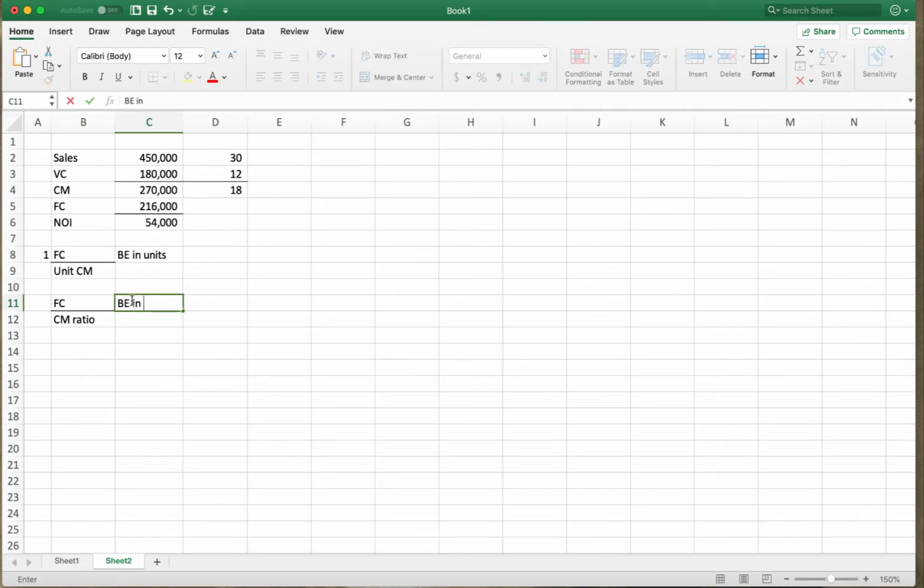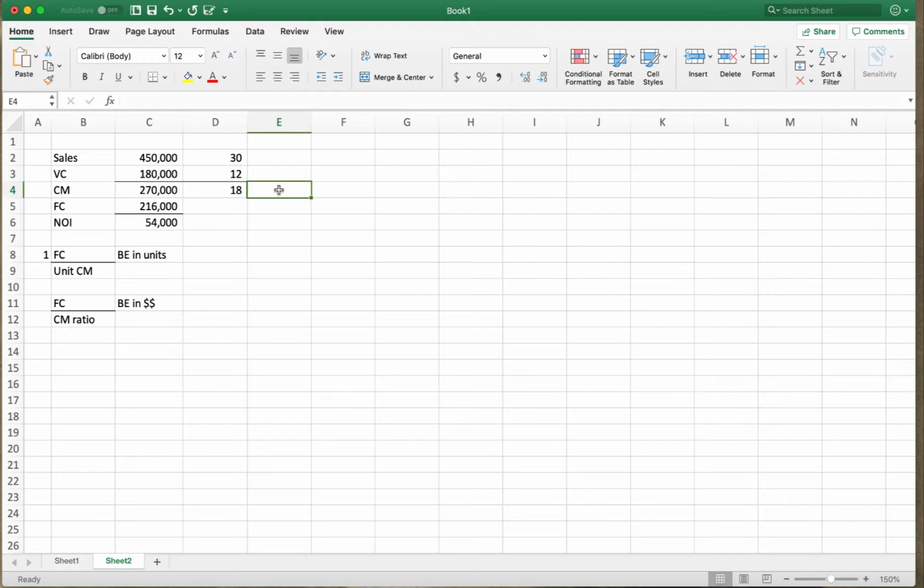So before we jump into this, do we have enough information for break even in dollars? Well, sort of, right? We've got our unit contribution margin and our fixed costs. The only thing we don't have is our contribution margin ratio, which is very simple. We could do this on either a total basis or a per unit basis.